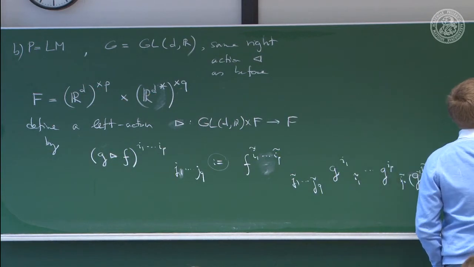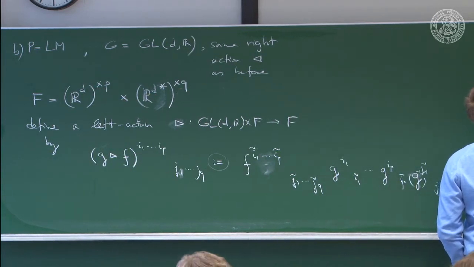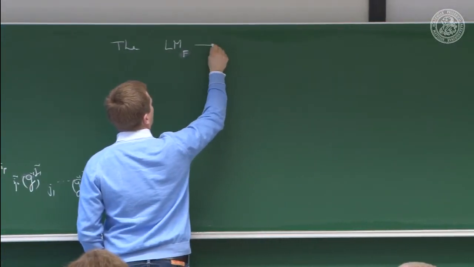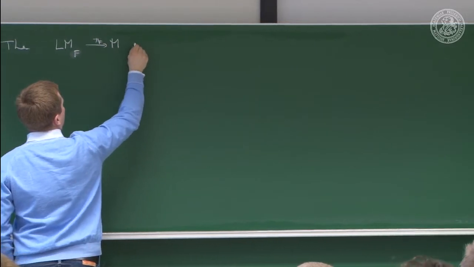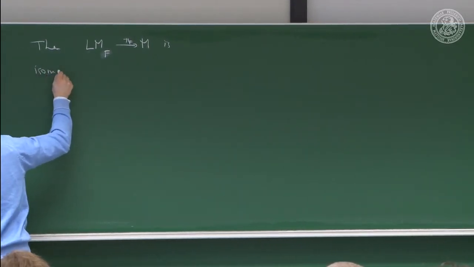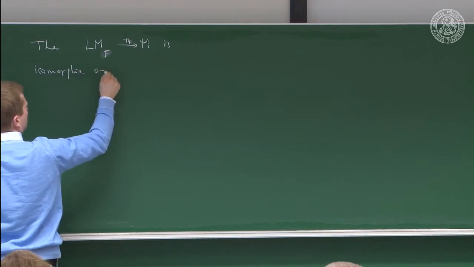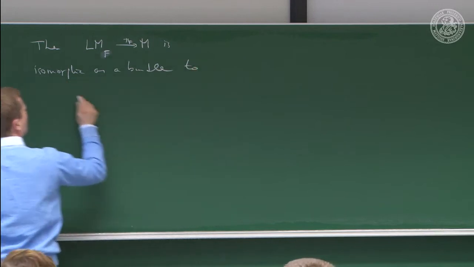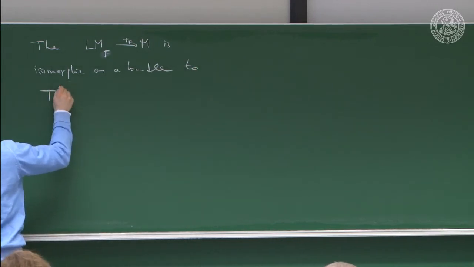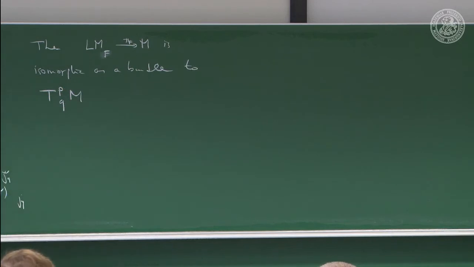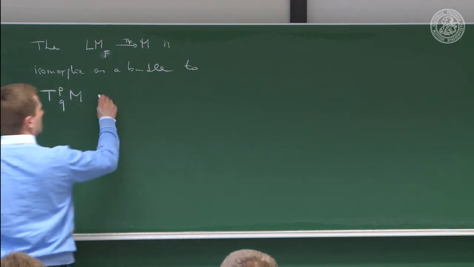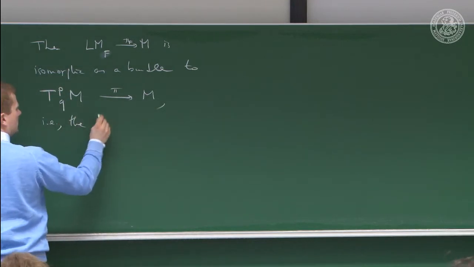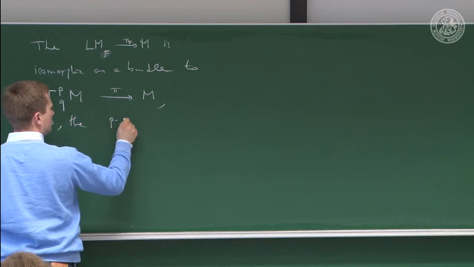Then LM sub F, for this F, pi Fm, is isomorphic as a bundle to what before we called TPQM, which had a projection map, that is the PQ tensor bundle.